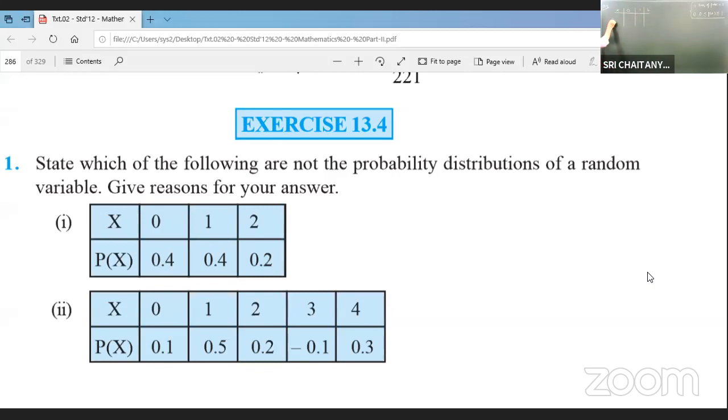And P of X is probability of this X. It has been given as 0.4, this is also 0.4 and this is 0.2, right? Now, which of the following are probability distributions, he asked you.